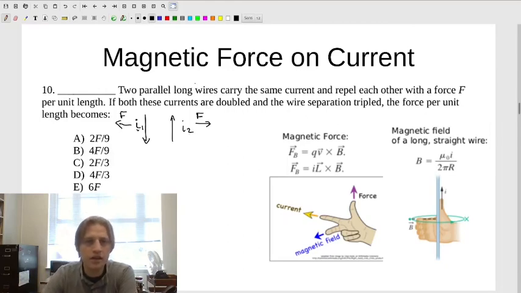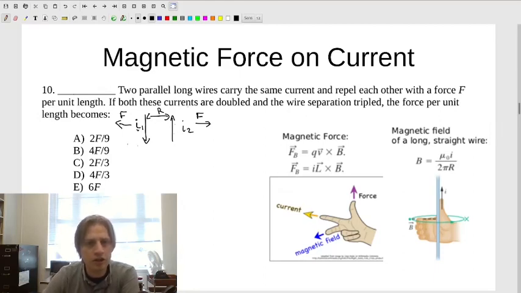Okay, now it says, what happens to this force if you double each one of these currents and then triple the distance between the two wires.